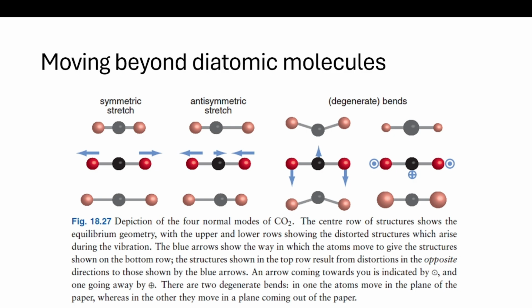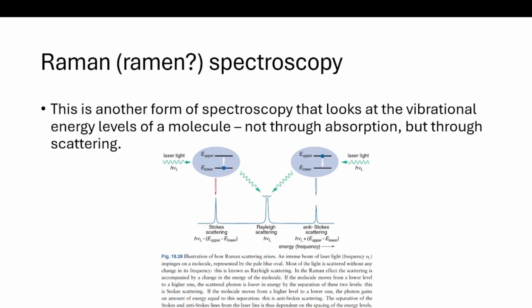But when we move beyond diatomic molecules, we have to account for different stretches in different normal modes, such as symmetric or antisymmetric stretches, or different sorts of bends. And so that's where IR spectroscopy and modeling the potential between two different atoms can get a whole lot more complicated. But that's enough about IR spectroscopy for now.